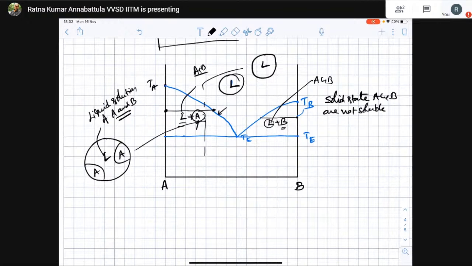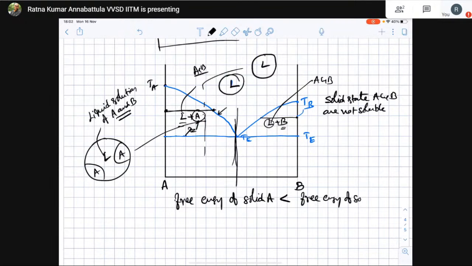Okay. B does not come out as solid here because, normally, I would have drawn these phase diagrams from free energy curves. What happens is the free energy of solid A is lower than the free energy of solid B. So in this region, up to this temperature, up to this composition, the free energy of solid A is less than the free energy of solid B. I have not told you those things because I have tried to explain these phase diagrams without getting into too many details.